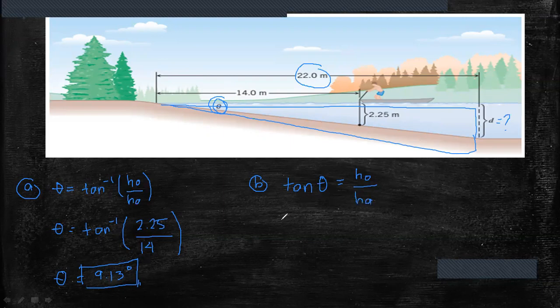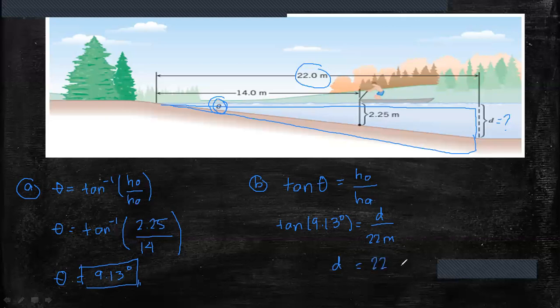Substituting the values, we have tangent theta, where theta is equal to 9.13 degrees, is equal to the opposite side, which is the missing value, over the adjacent side, which is 22 meters. Now we can solve for d, which is equal to 22 times tangent 9.13 degrees. Therefore, the depth at 22 meters is 3.54 meters.